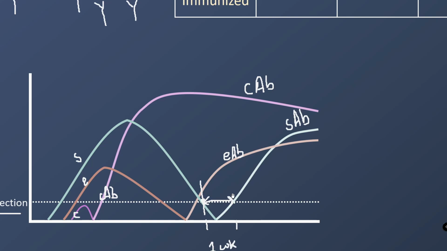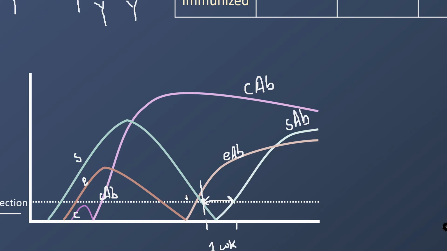Actually, during this duration, I am repeating this again, both antigen as well as antibody are present, but they are undetectable because they are bound to each other. When one thing is in excess, that is detectable.